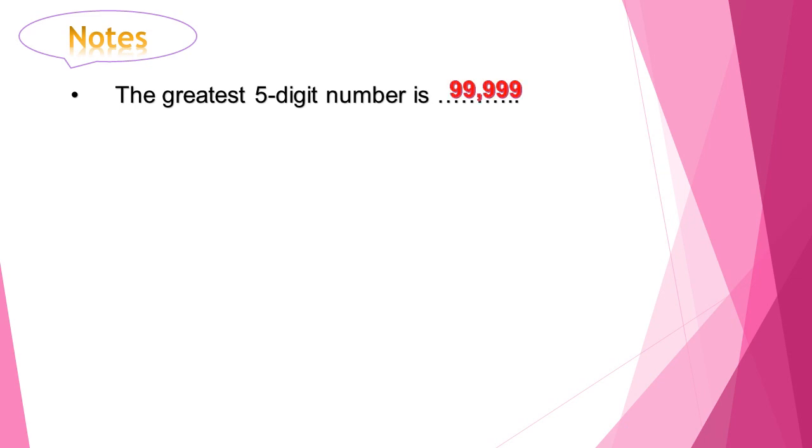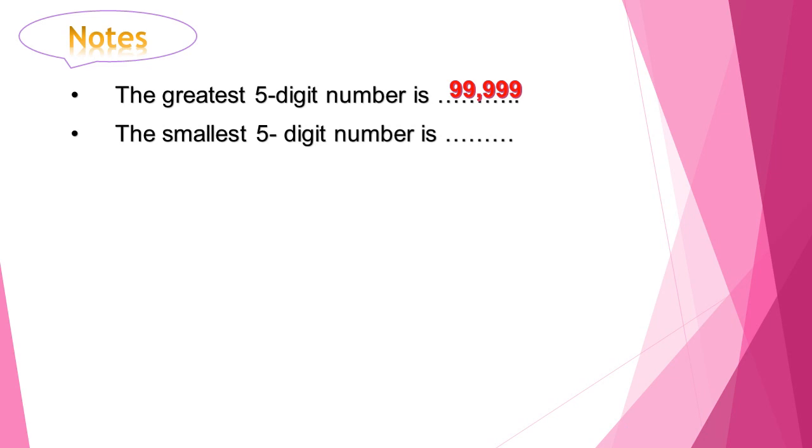We have here some notes. The greatest 5-digit number. We studied before the greatest 3-digit number and the greatest 4-digit number. We say that the greatest 3-digit number is 999. The greatest 4-digit number is 9,999. Then the greatest 5-digit number is 99,999. Let's read it. 99,999. The smallest 5-digit number.